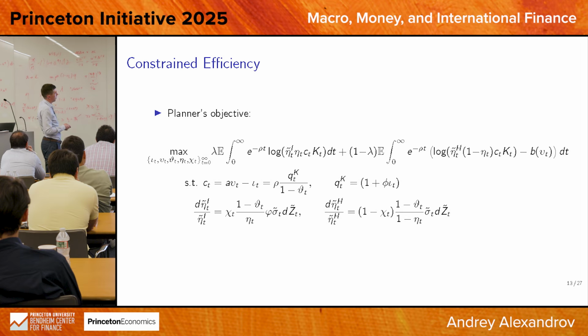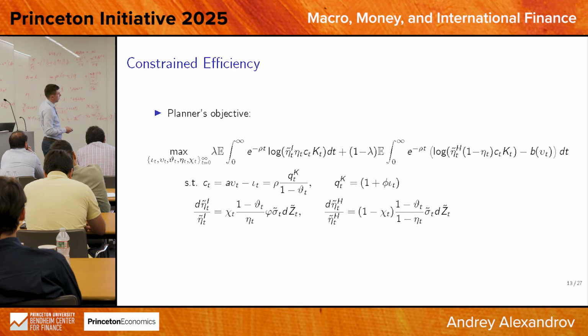How much they vary, for example for intermediaries, depends on the distribution of idiosyncratic risk, chi and 1 minus chi, the wealth share of capital, so how much risk there is in terms of portfolio size. And they also have this varphi diversification technology that households don't have. Does that answer your question?